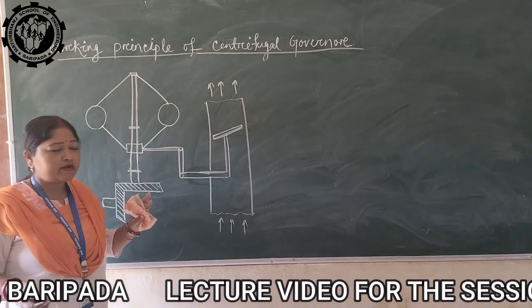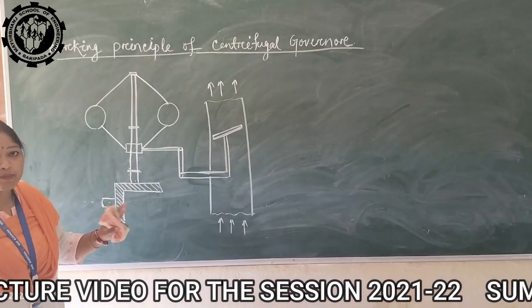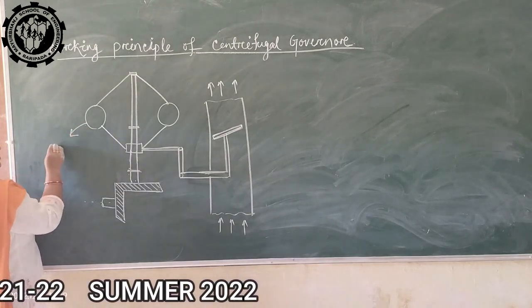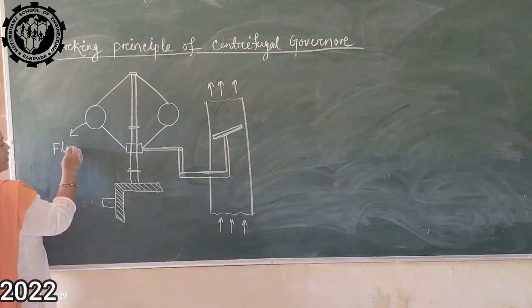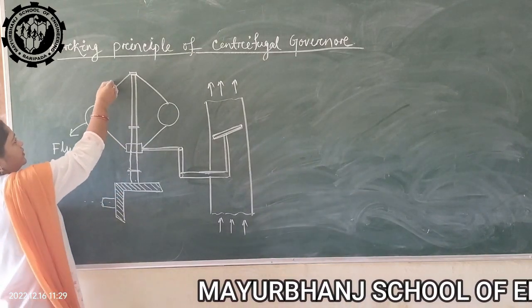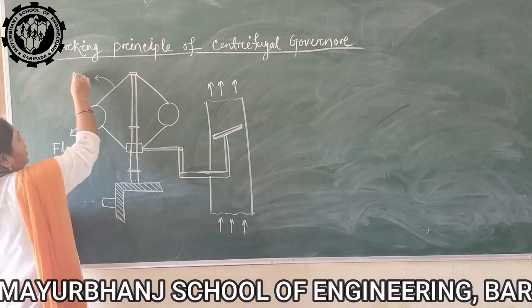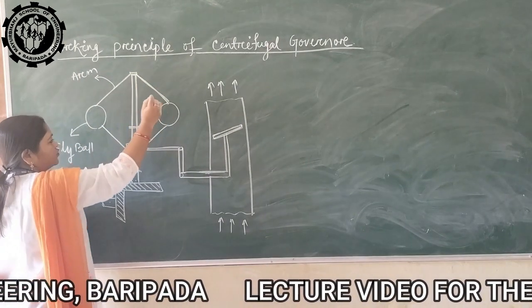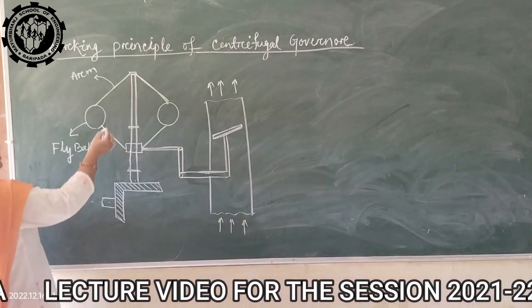Okay. So first, let us discuss the different parts of a governor. So this is known as your fly ball, right? These two are known as your arms.